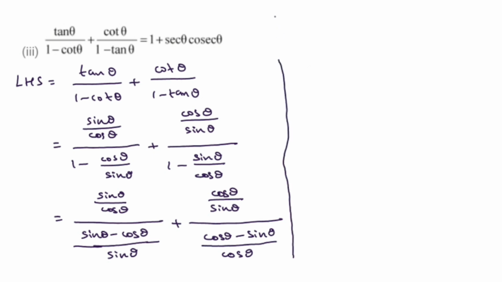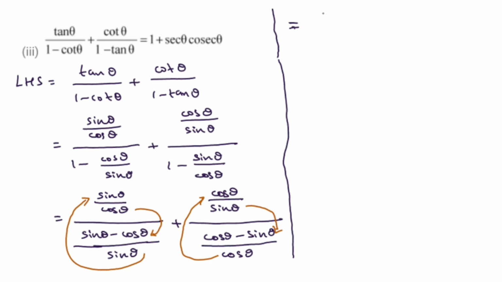The next step, this sin theta gets multiplied with this sin theta, and this cos theta gets multiplied with sin theta into cos theta. Similarly, this cos theta gets multiplied with cos theta, and sin theta gets multiplied with cos theta minus sin theta.